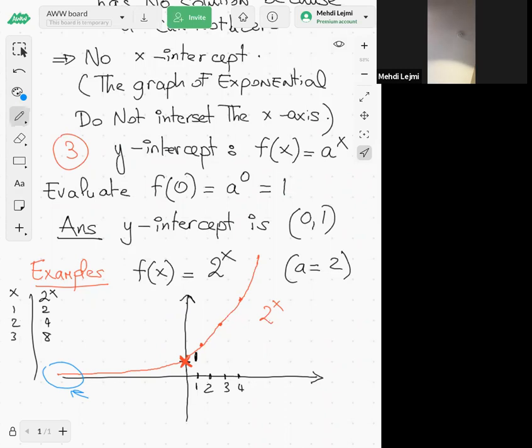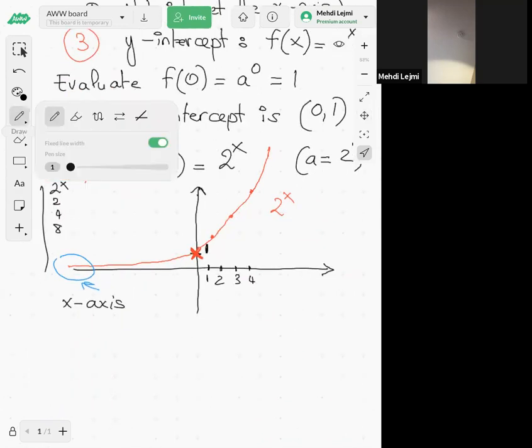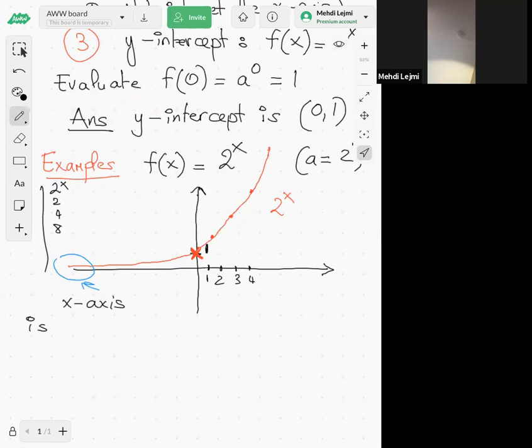So the x-axis, y equal to 0, is a horizontal asymptote for exponential functions.